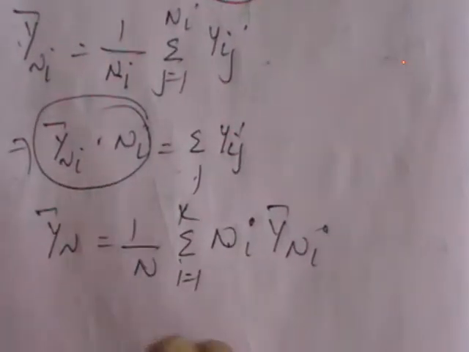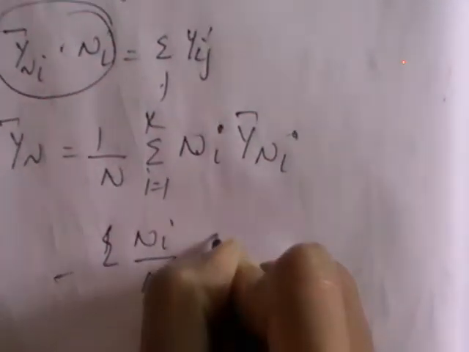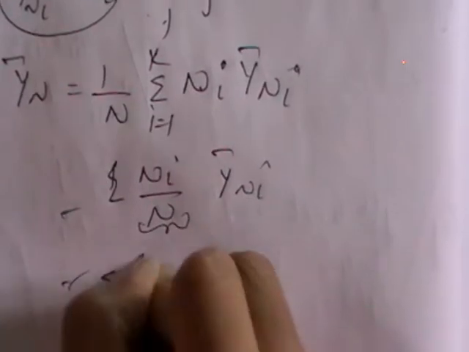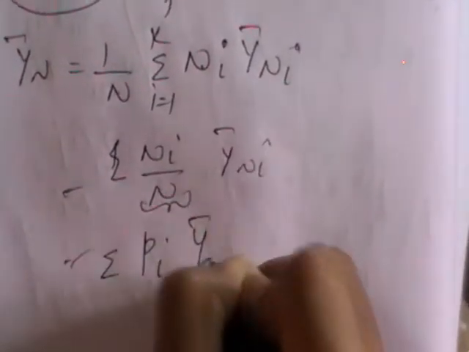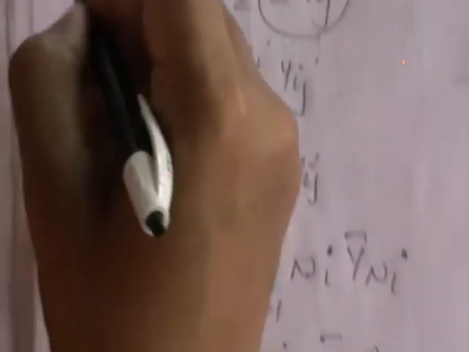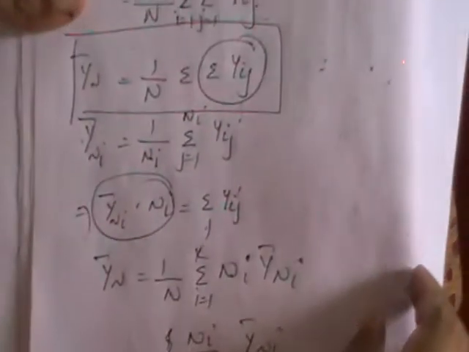If you take this N to here, sigma Ni by N into Y bar i. We write this as Pi into Y bar i, where the new term Pi is equal to Ni by N. This is the general formula for the population mean. We are going to use this form many times. This is the population mean.